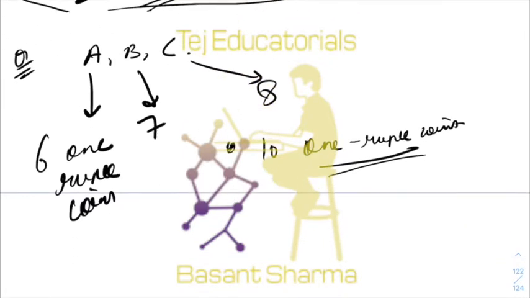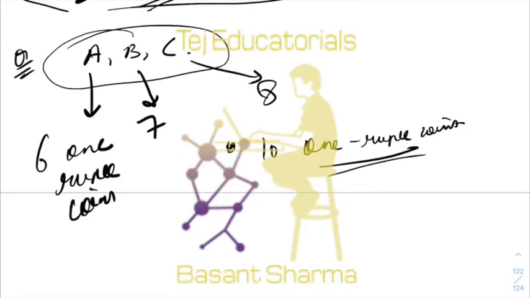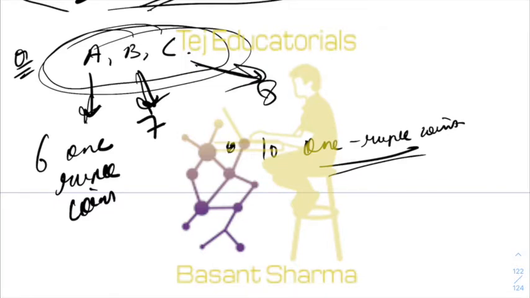Well, again, basically what you have to do is, you can think like this: you have three different objects, you have 6 copies of this available, 7 copies of this, and 8 copies of the third one. And you want to select 10 out of them.